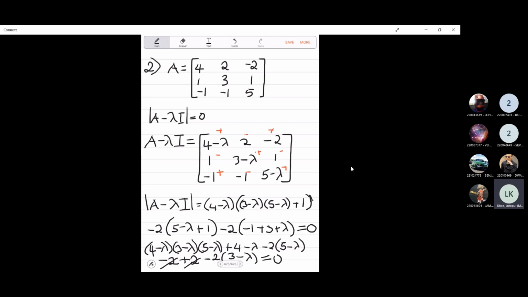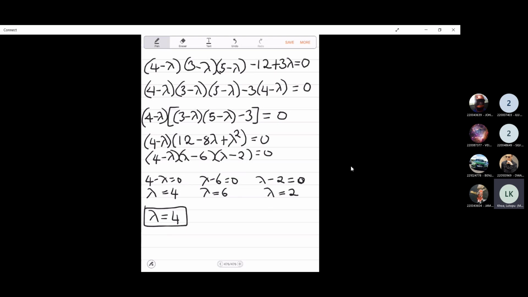Okay, so what we have is this. We said 4 minus 4 is 0. Everything else in the row stays the same. And then we have 0, minus 1, 1, minus 1, minus 1, 1, x1, x2, x3. This is 0, 0, 0.